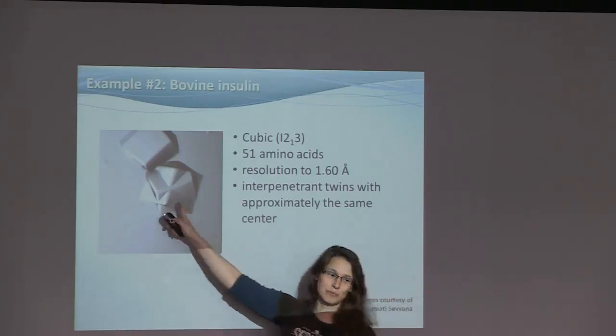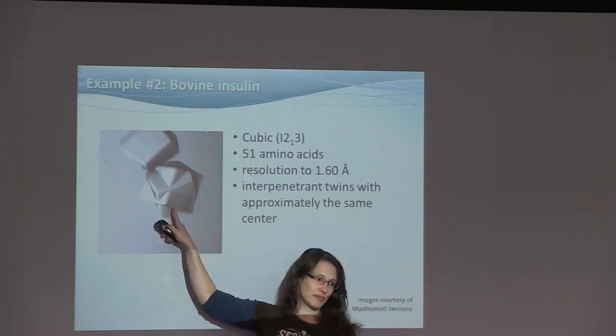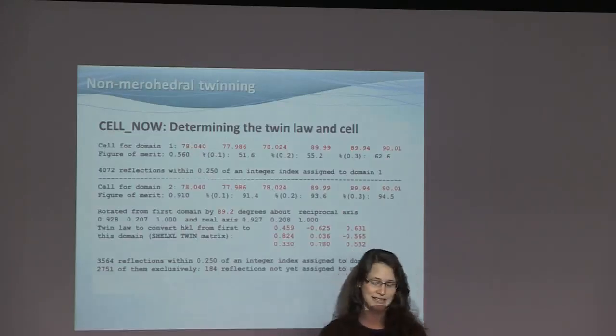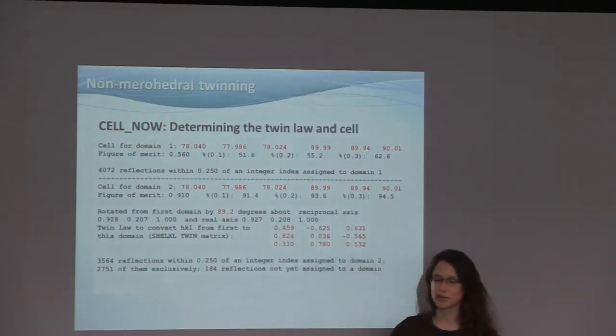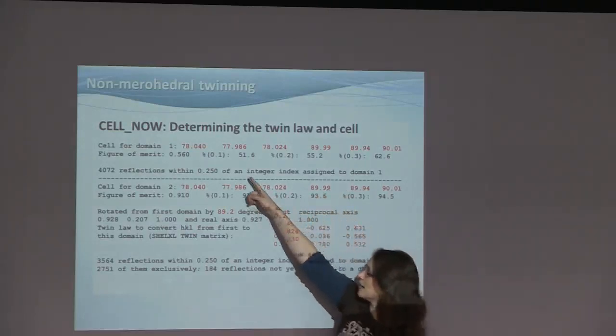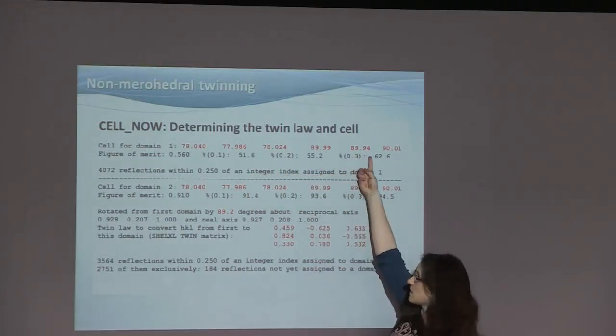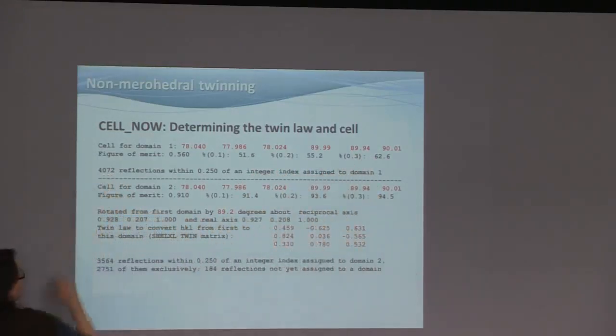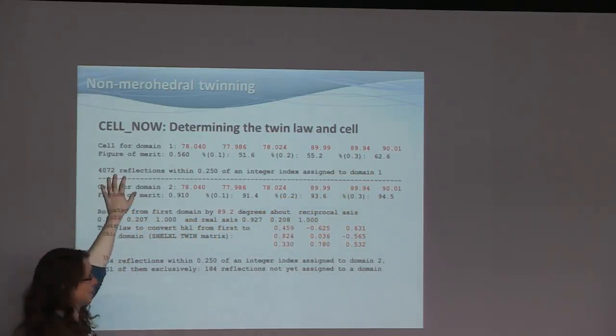Now, this crystal could possibly be centered correctly with both domains because they have about the same center. If we do that in CellNow, and I'm only showing this in CellNow because CellNow gives nice statistics, you get the first domain, and it gives you this cell. We were able to index 4,000 reflections to this domain.